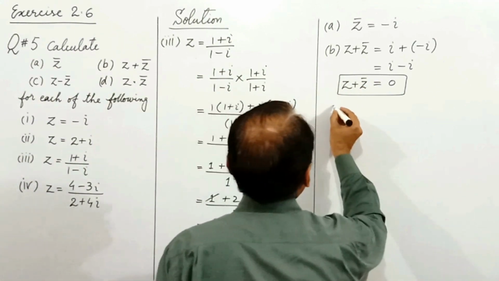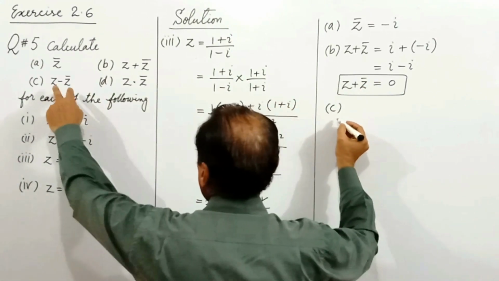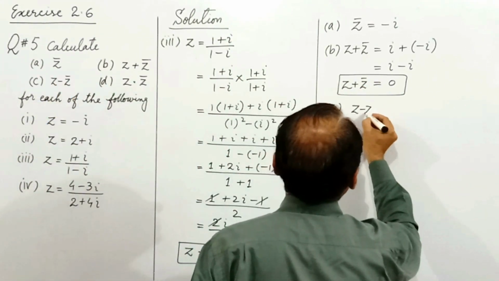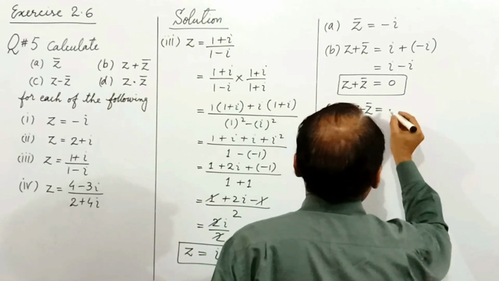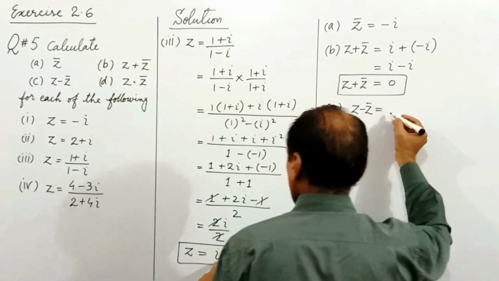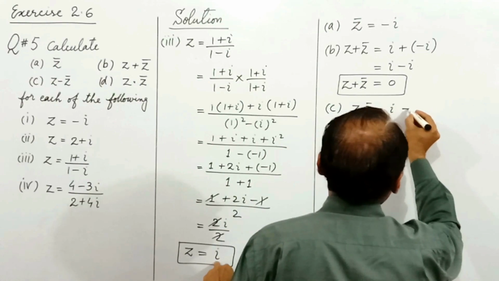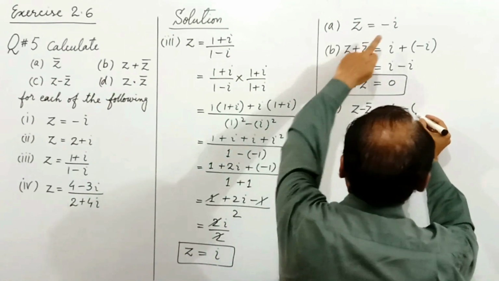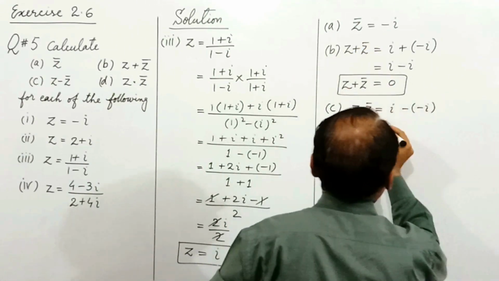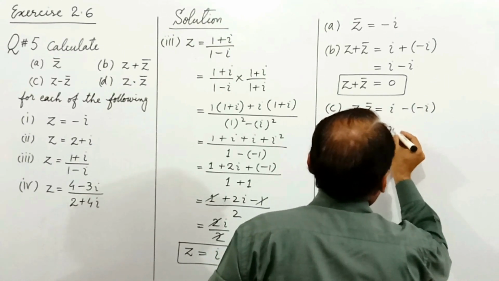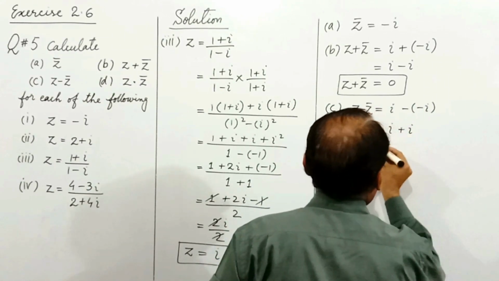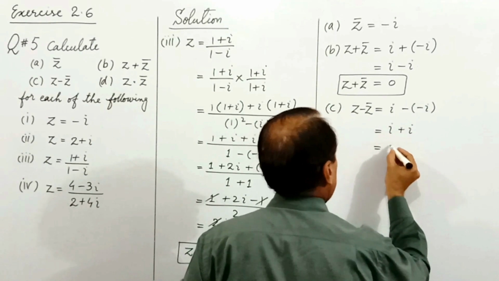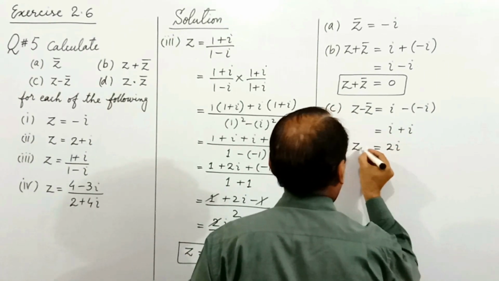In part C, we are required to find the difference, z minus z bar, and for this we put the value of z as iota, whereas the value of z bar is minus iota. Iota plus iota, like terms, the coefficients are added, we get 2 iota.